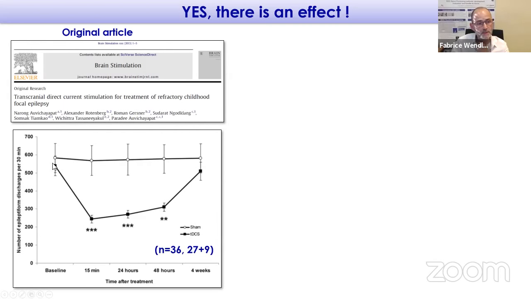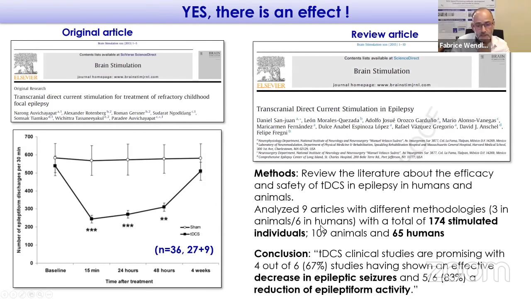In the group of children receiving the actual brain stimulation, there is a significant reduction of epileptiform discharges. And very importantly, this reduction tends to last in time and is still significant 1 day or 2 days after the 20-minute stimulation session. So there are definitively papers, even review articles, showing that indeed tCS may decrease epileptic seizures and reduce epileptiform activity.